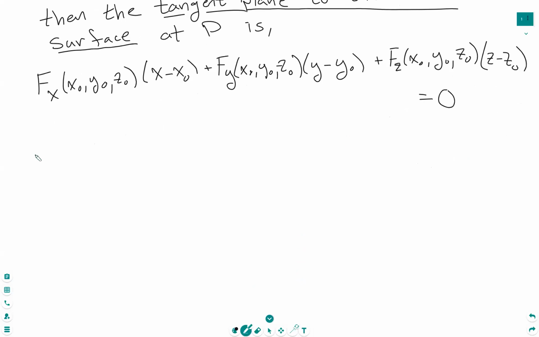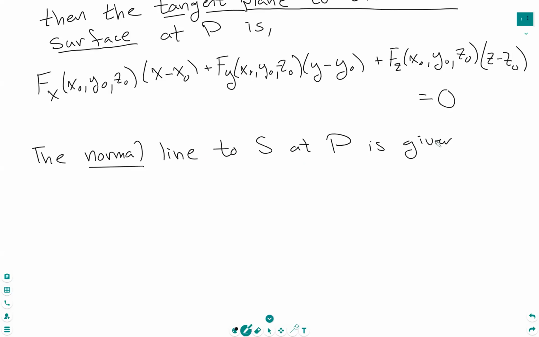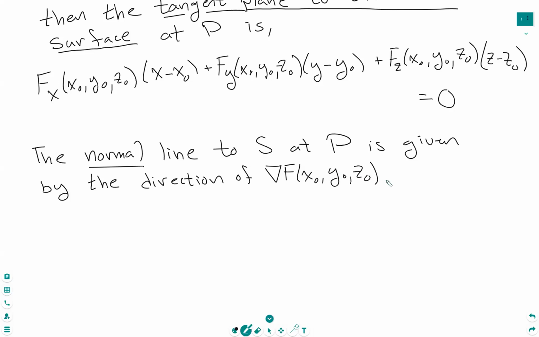Okay, so going from here, we have another definition: the normal line to S at P is given by the direction of the gradient of our capital F at x naught, y naught, z naught.